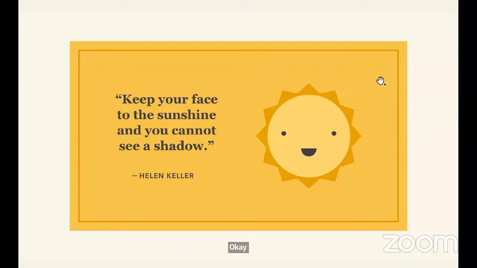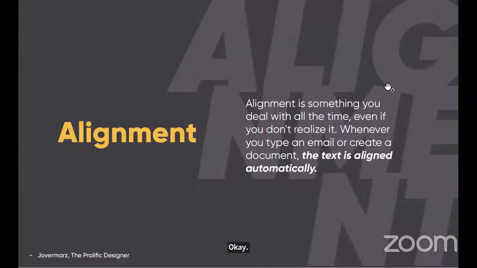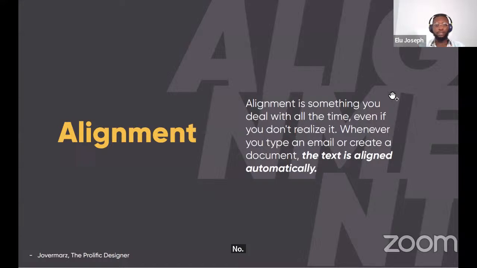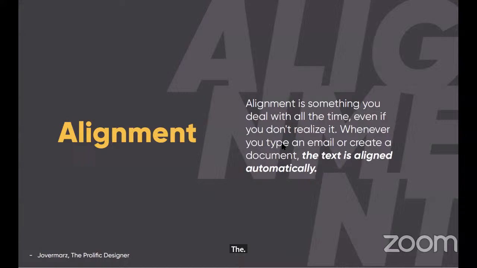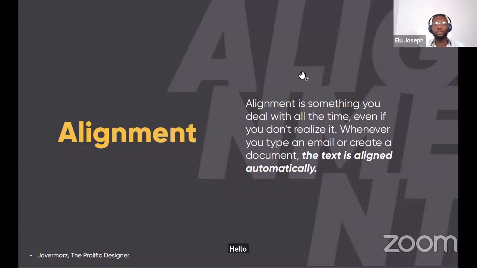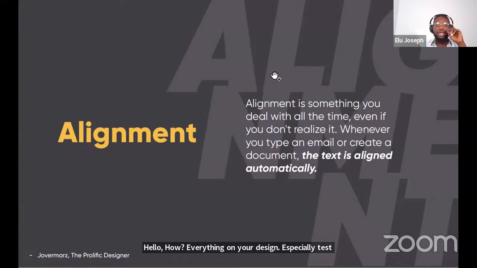Now, the next is alignment. Alignment is how everything on your design, especially text, is aligned. Now, when it comes to alignment, your texts are majorly aligned automatically in your design.